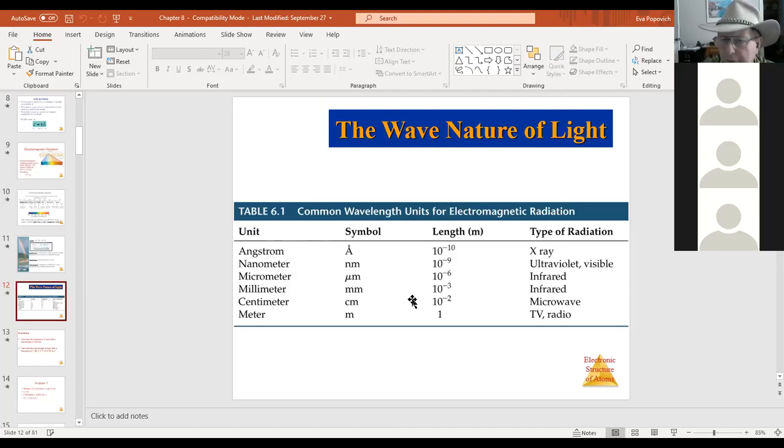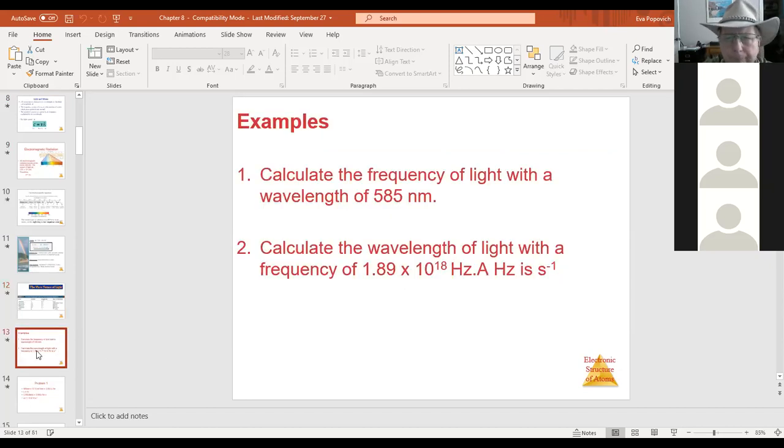If I'm dealing with infrared, I'm dealing with micrometers, which is 10 to the minus 6. This is just put in there. You don't have to memorize these. I'll give you the conversion factors, but it's a good-to-know slide for you.